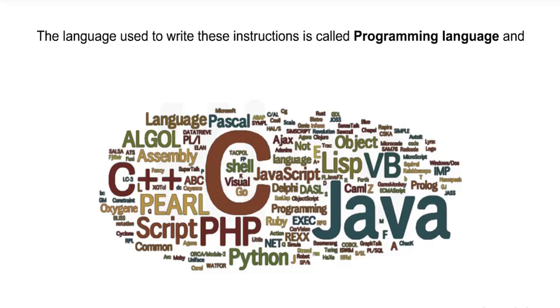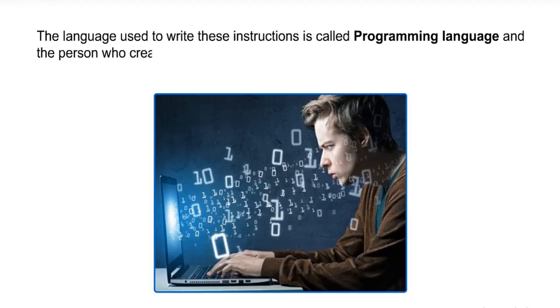The language used to write these instructions is called programming language. And the person who creates this program is known as programmer. Who is creating the programs is called programmer.